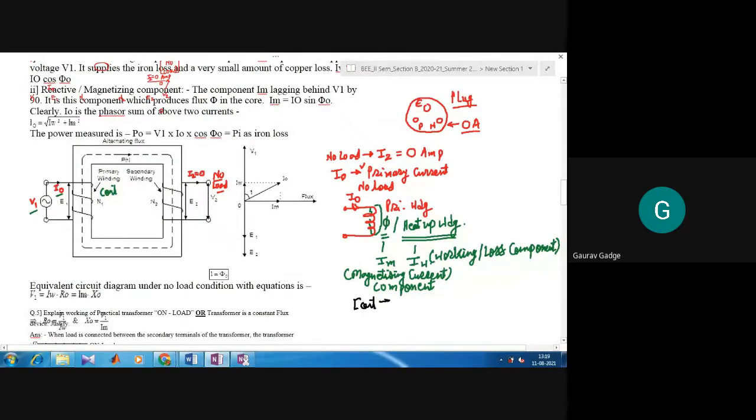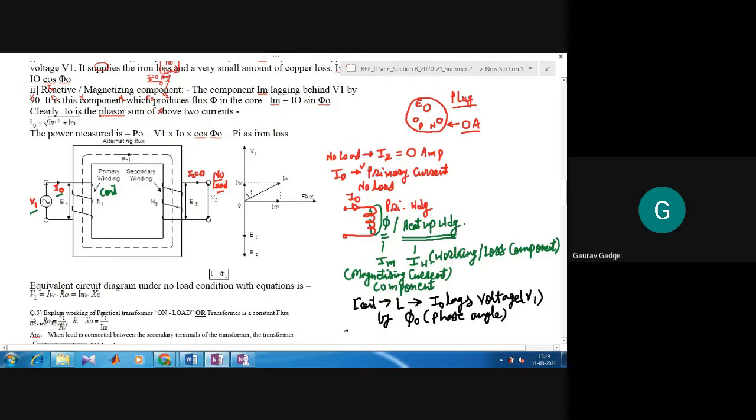If a coil is there, it means there is an inductor, and if there is an inductor, it means current lags voltage. Now the voltage is V1 and the current is I0, so I0 lags voltage V1 by phi naught, and this phi naught is the phase angle.